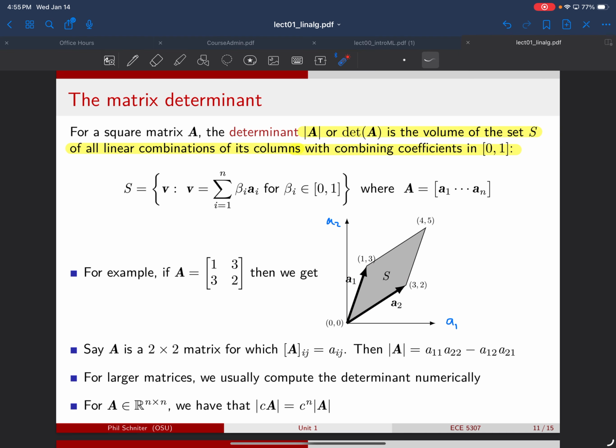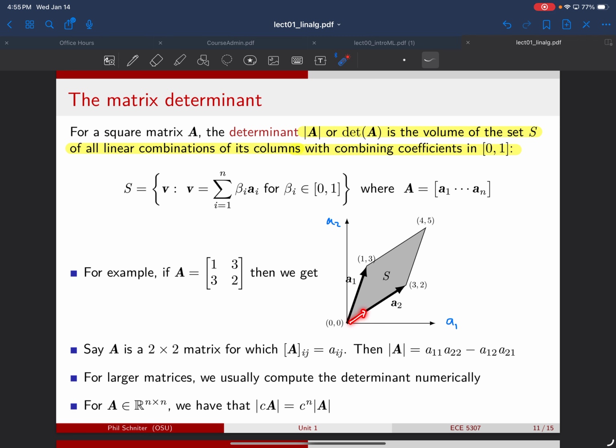Okay, so let's consider all linear combinations of those columns that are scaled somewhere between 0 and 1. So I can scale this down to be like that long or anywhere in between, but I'm not allowed to scale it beyond here. Same with this.